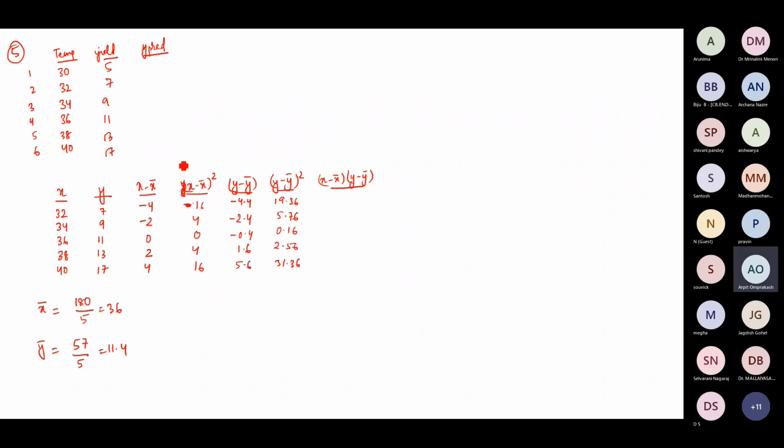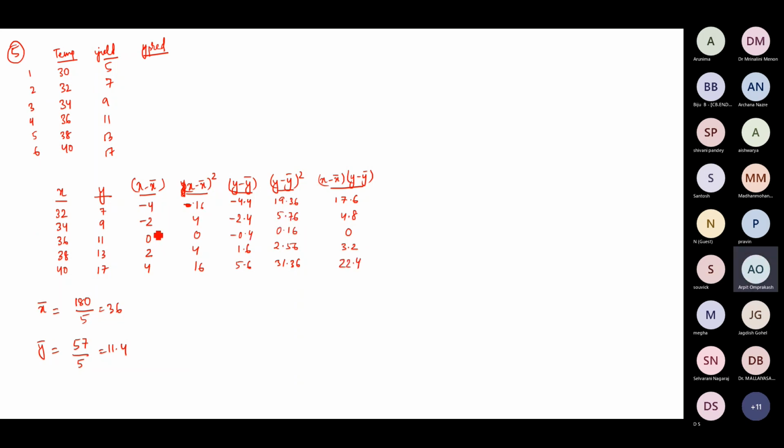Then for the last column, we multiply x minus x bar into y minus y bar: minus 4 into minus 4.4 is 17.6, minus 2 into minus 2.4 is 4.8, 0 into this is 0, 2 into 1.6 is 3.2, and 4 into 5.6 is 22.4.